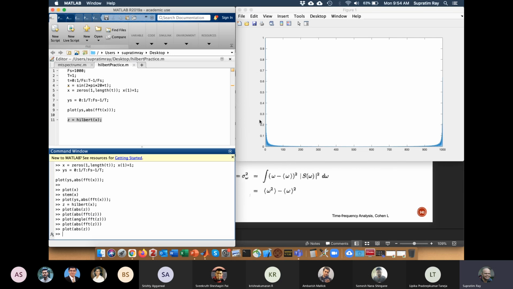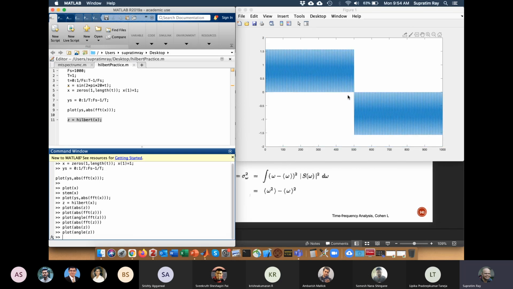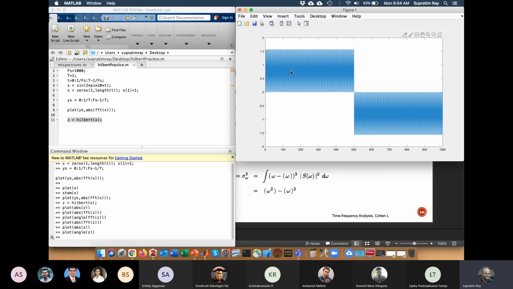And then the instantaneous amplitude of a delta function is actually this, and its instantaneous phase is going to be like this. Okay, the phase is all over the place. 0 and pi by 2, and then it changes. So a simple function like this can have very complex meaning in terms of instantaneous amplitude and instantaneous phase.